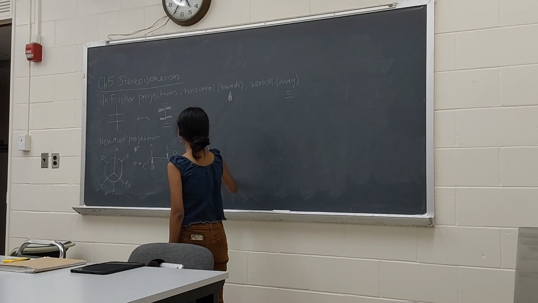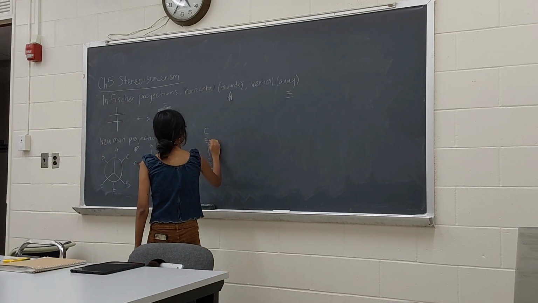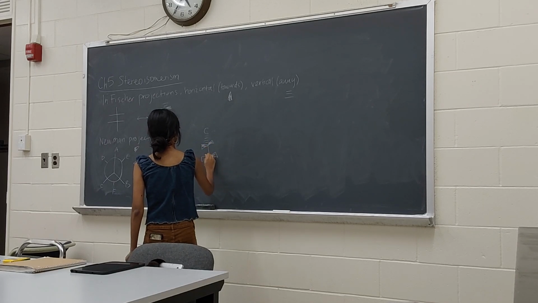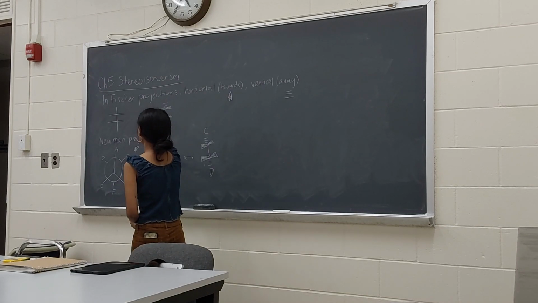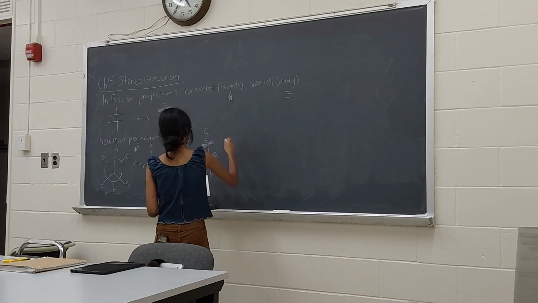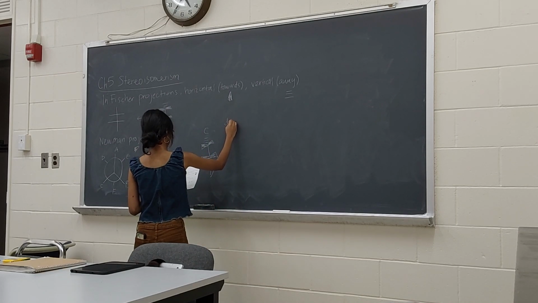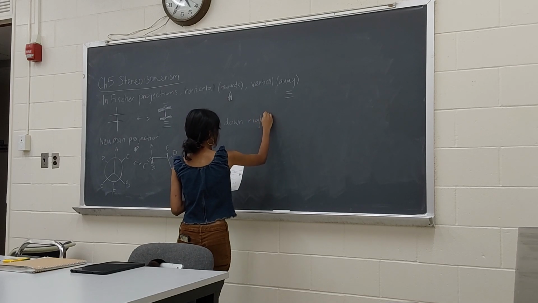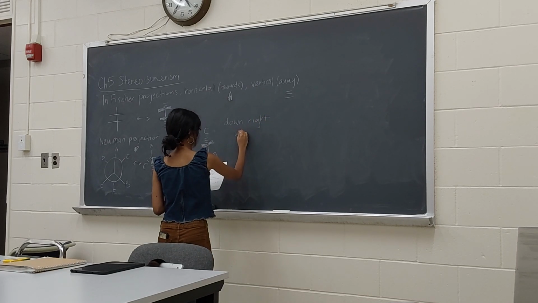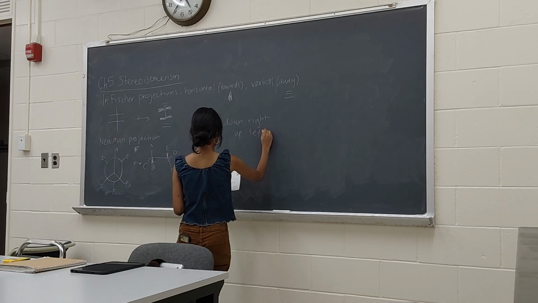So C and D. And two wedges for each, but knowing which side it goes on, I wrote down: the one that's down is going to go on the right, and the one that's up on the left.